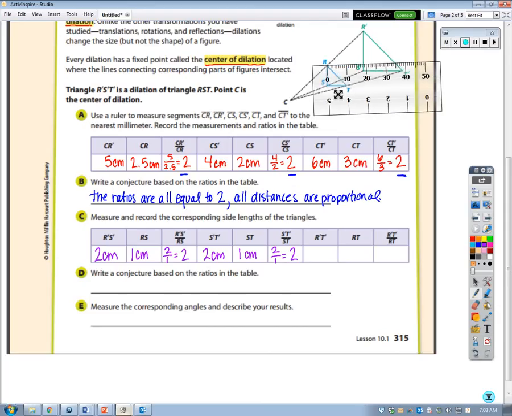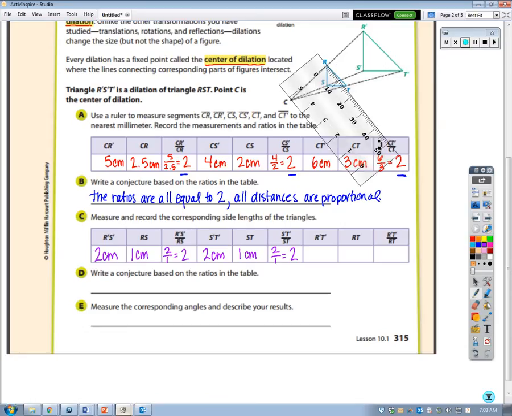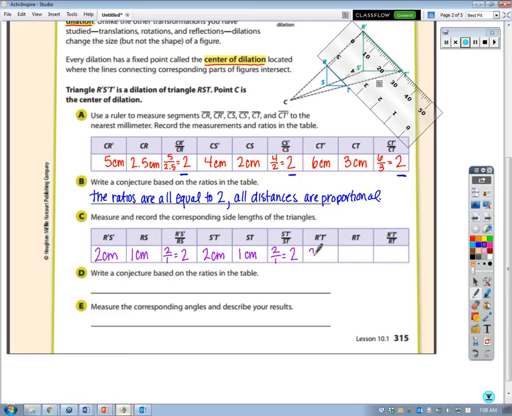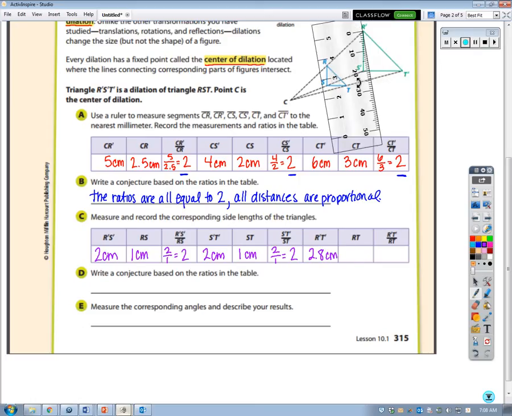So I'm going to get my ruler, spin it around here, and let's go ahead and measure this one first. Okay, so we're looking at about 2.8 centimeters. Which means if this was half, this would be 1.4, so let's make sure we're correct here.